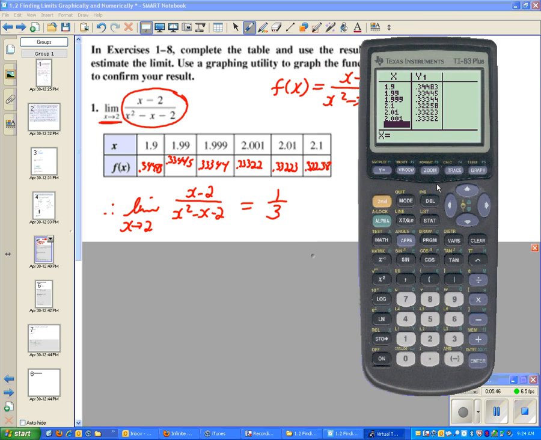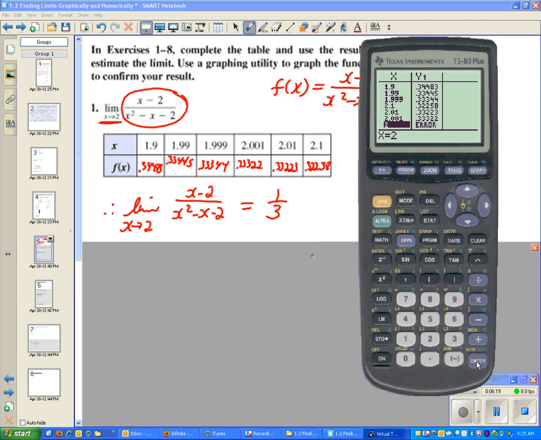Now, curiosity is getting the best of me. I just got to see what happens when I type in a 2. I just got to know. Okay? So, like we talked about on Friday, it could be that the limit does equal the function value, but that's kind of boring when that happens. In this case, and we haven't graphed it, so I don't know what it looks like, but this function does not exist when x equals 2, does it?